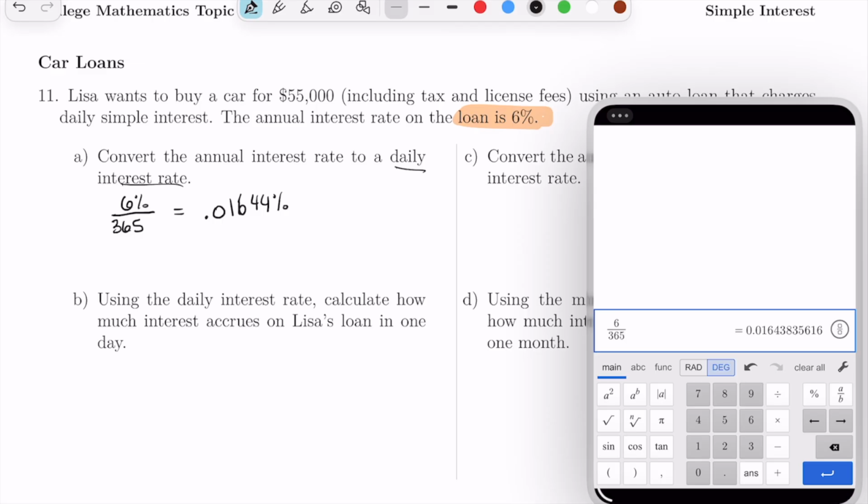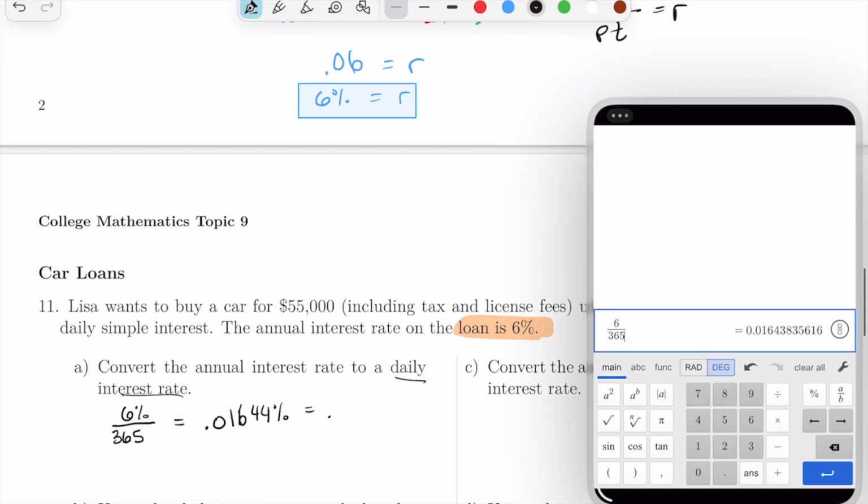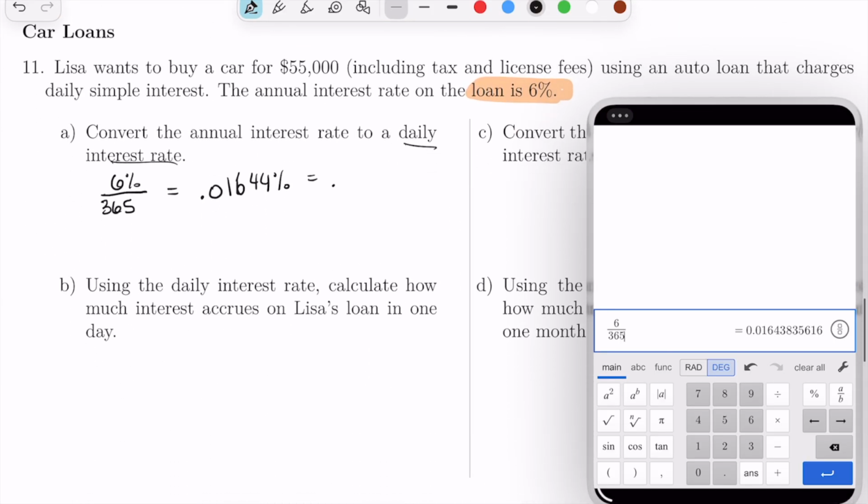Now, whenever you're doing these, I realize that you have a decimal and we can use it to calculate. We're actually going to not round until the very, very end of a problem. For part A, it says convert this into a daily interest rate. So you can either write it like 0.01644%, or you can change that into a decimal.